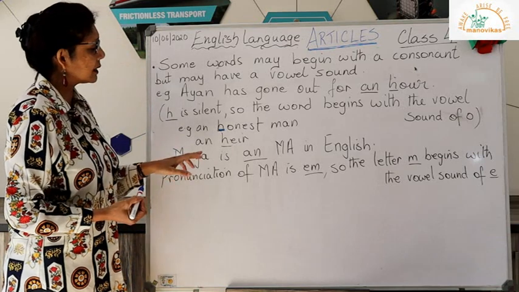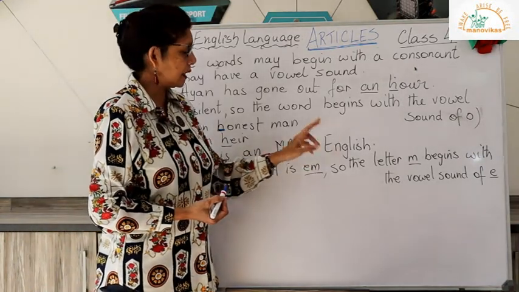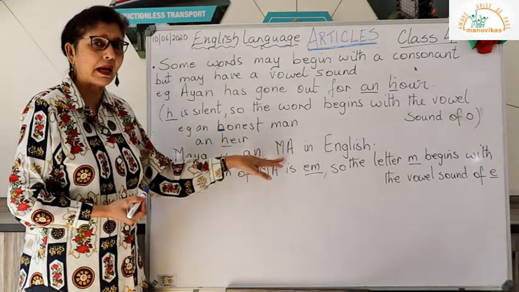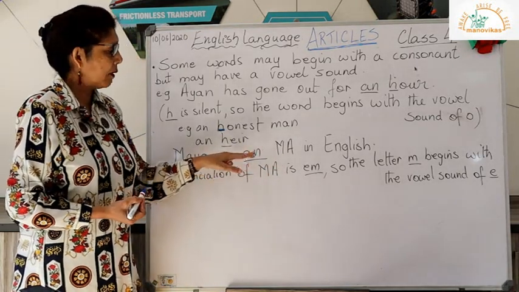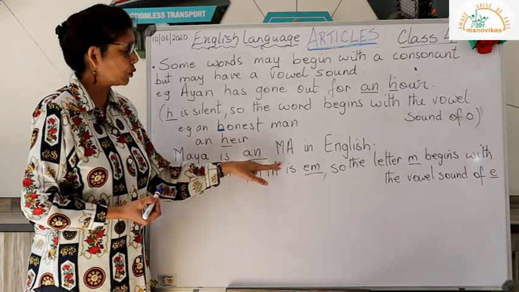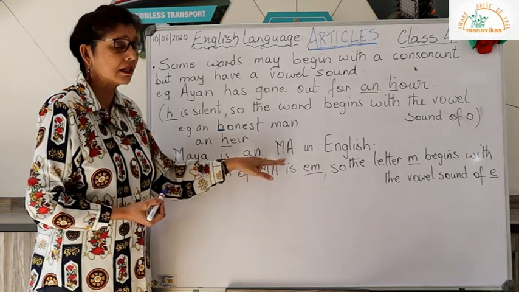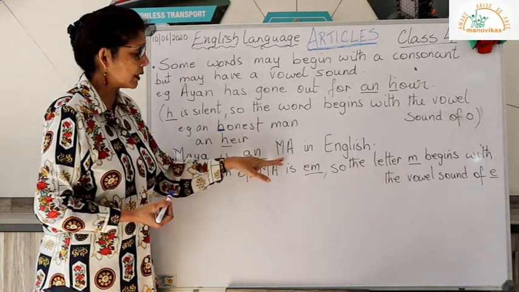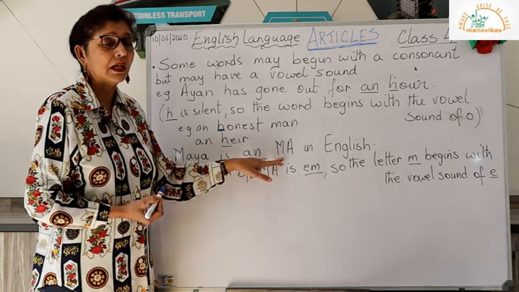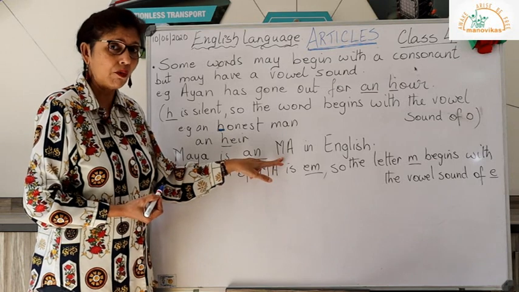Now Maya is an MA in English. Now if you look at M, you will say M is a consonant. Why are we using an? But see the sound of M. You say M-A. M-A is a degree in English. So the pronunciation of M here is EM. So A is the sound of a vowel.